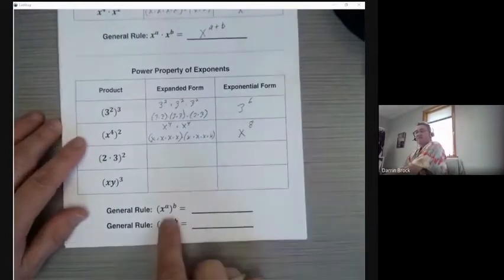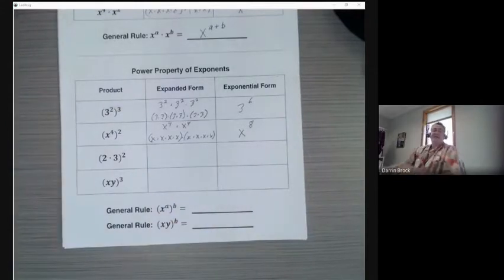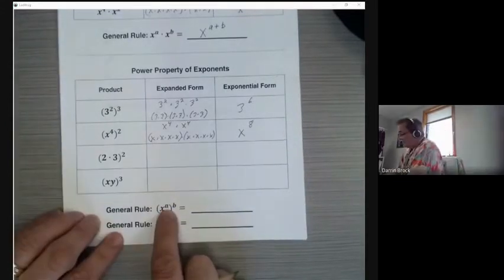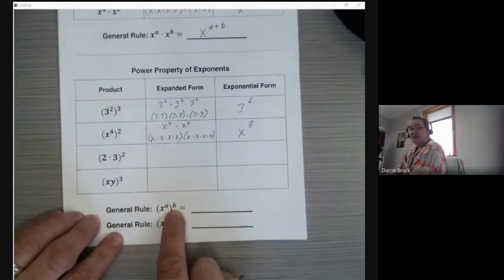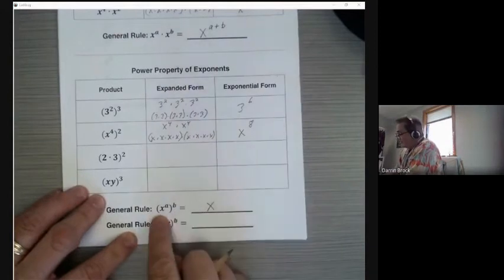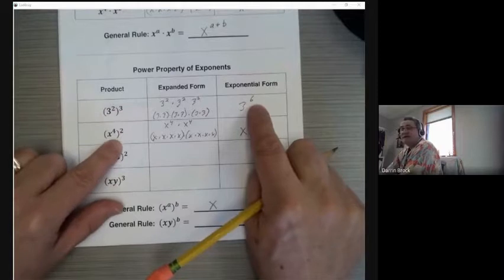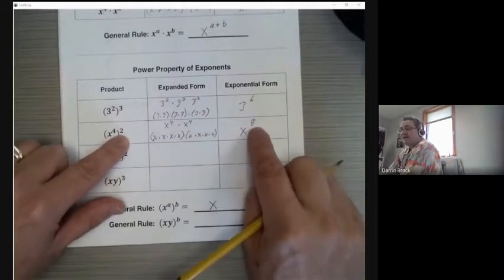All right. If we have something raised to a power, then again raised to a power, so x to the power of a, now all of that raised to the power of b, same base, it's still x, and it's a times b. Look, 2 times 3 is 6. 4 times 2 is 8.